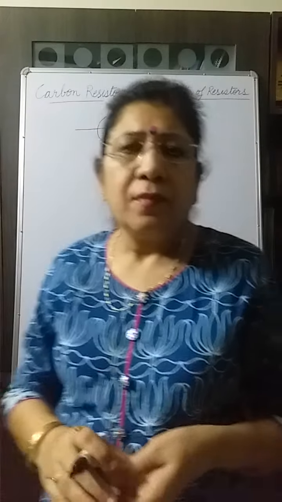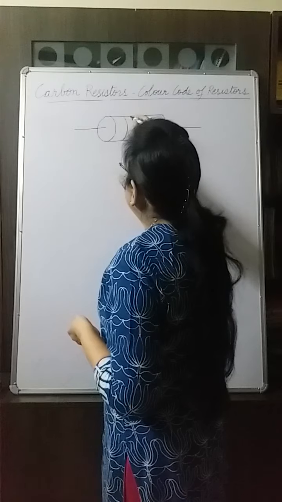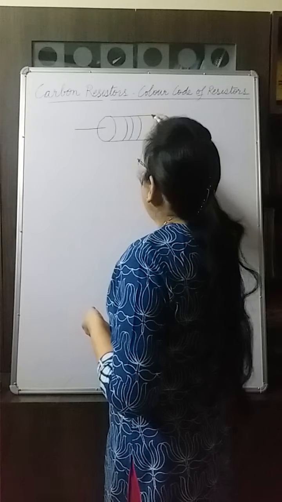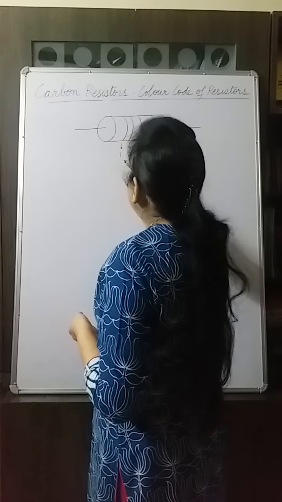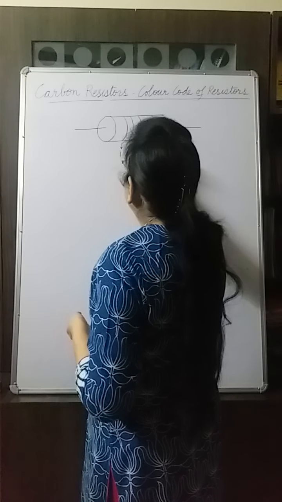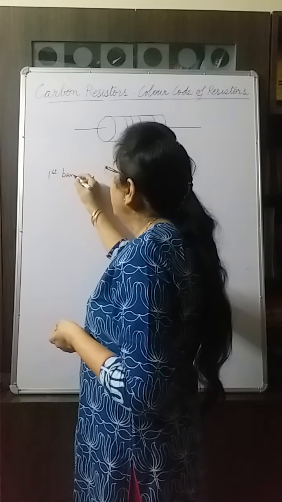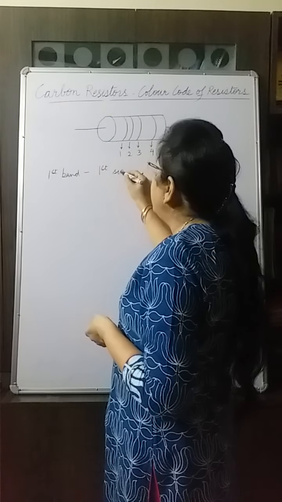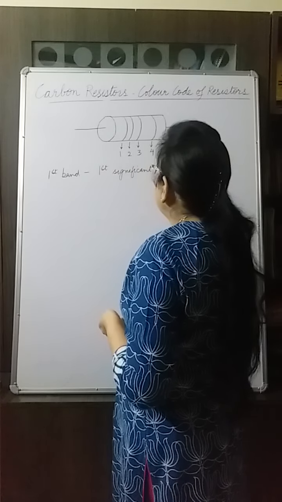This is a cylinder and over this 4 bands in the form of coaxial rings are printed. The first, second, third and fourth bands have a particular meaning. The first band tells about the first significant figure of the value of the resistance.